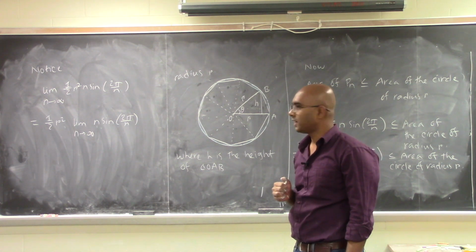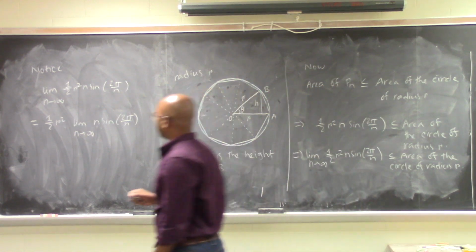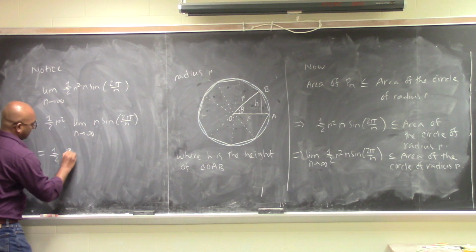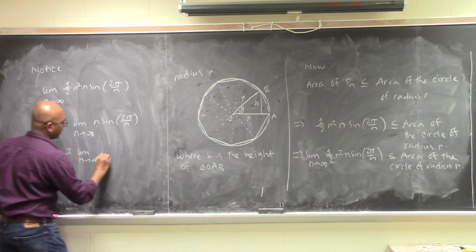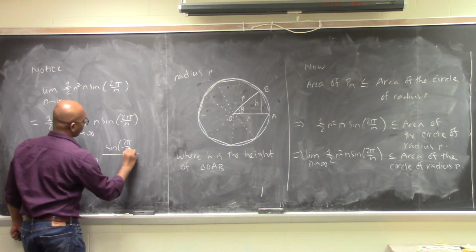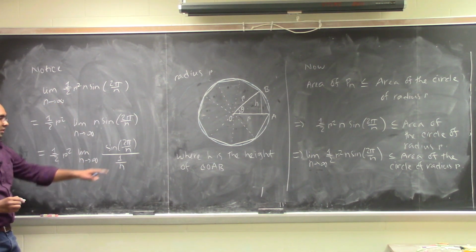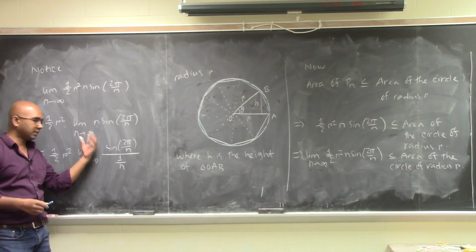Maybe not now, right? But if I just write this n in a different way, you will see this is familiar, something that you have seen many, many times. Notice I can write this thing as sine 2 pi over n over 1 over n, because 1 over 1 over n is just n.